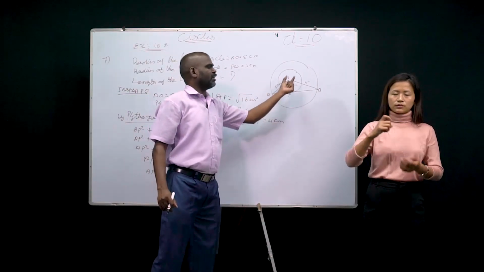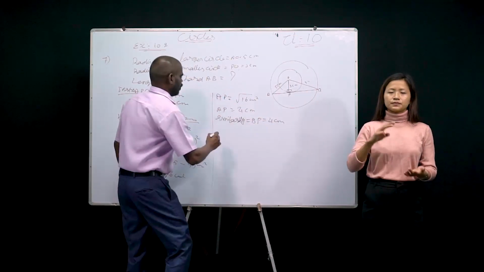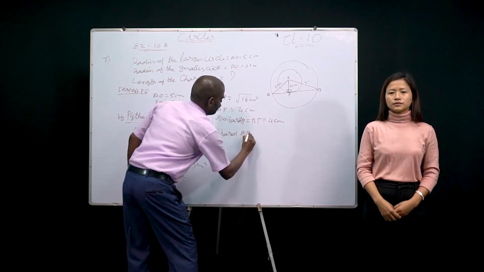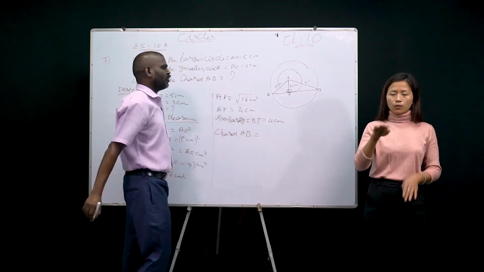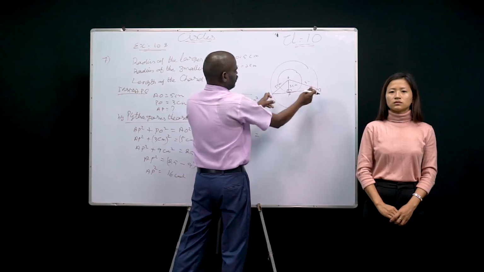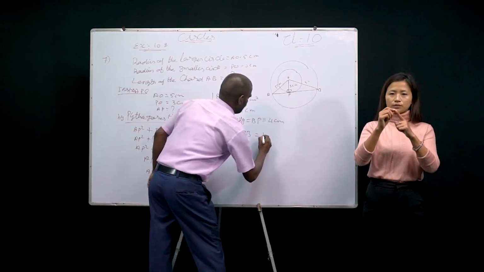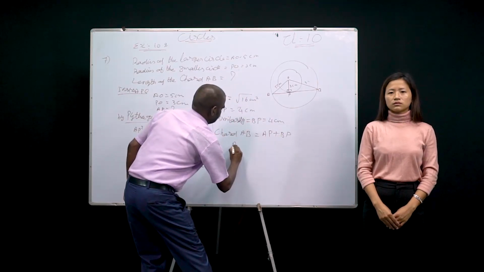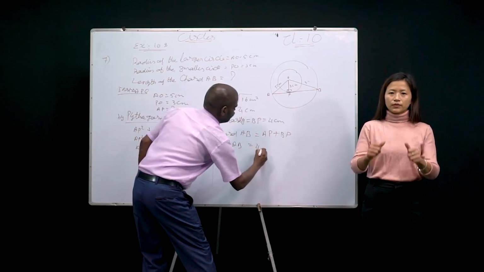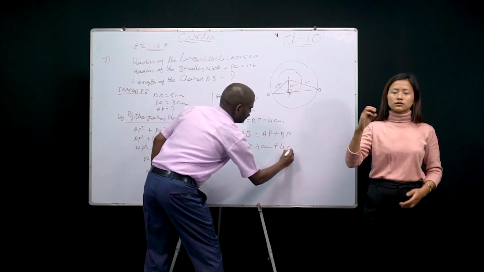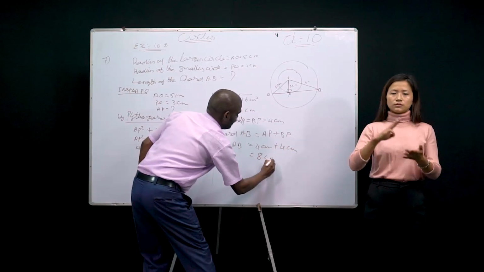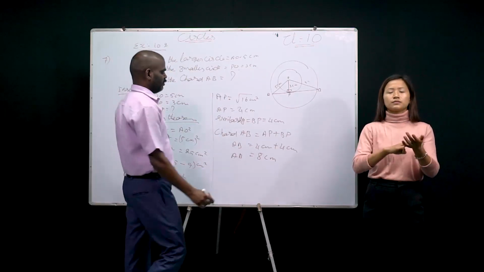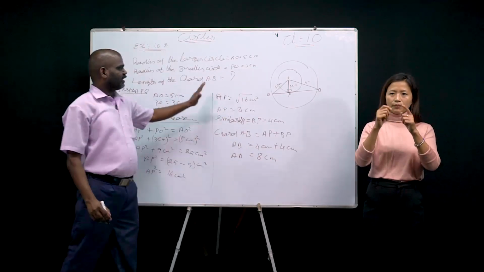Now AB. This full AB is equal to AP plus BP. AP is 4 centimeter plus again 4 centimeter, how much? 8 centimeter. So AB is equal to 8 centimeter. Okay children, the answer is completed.